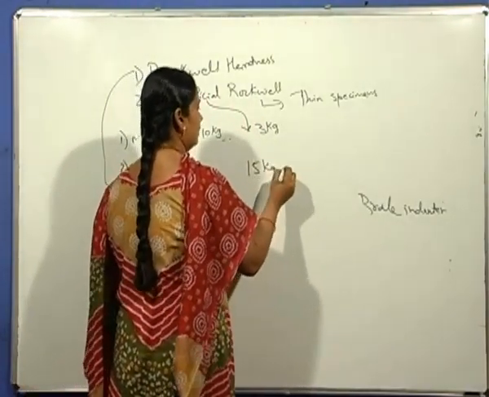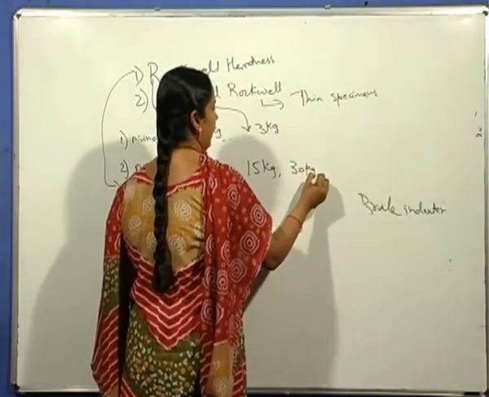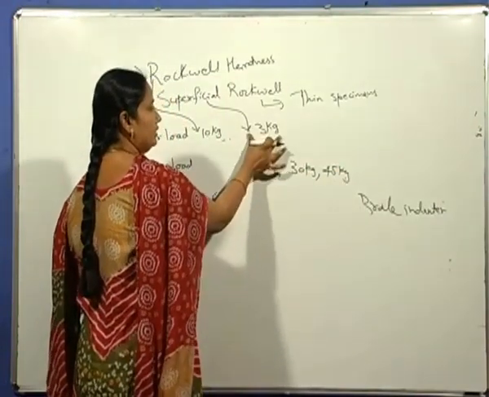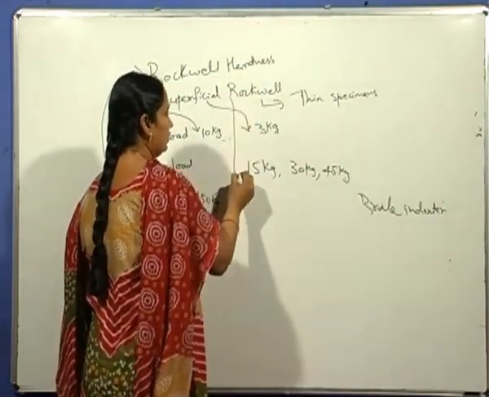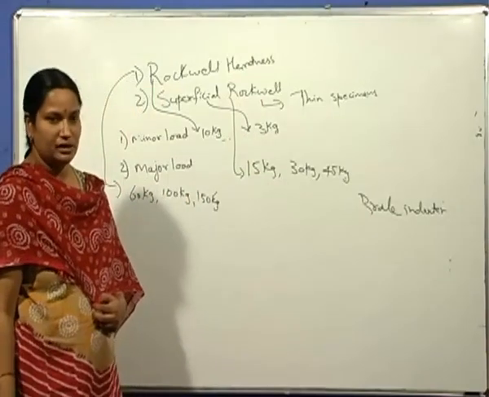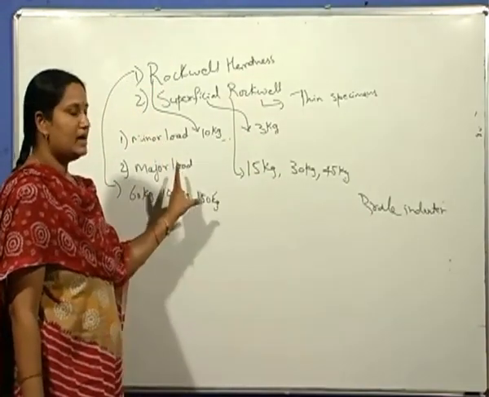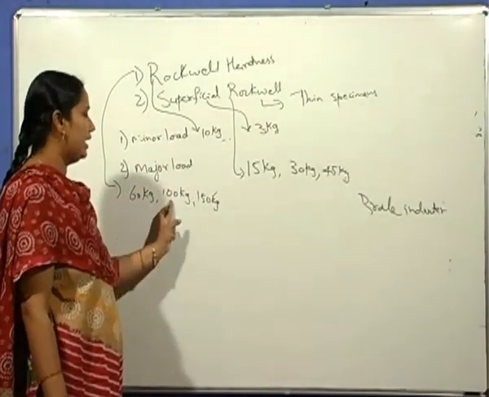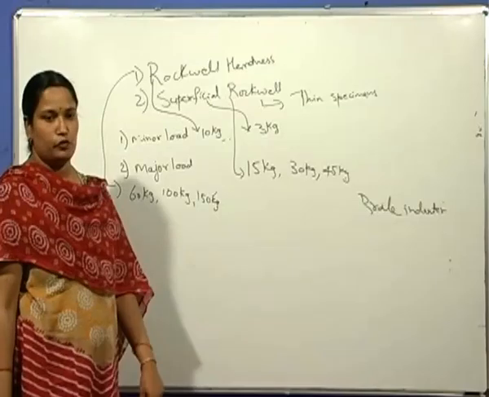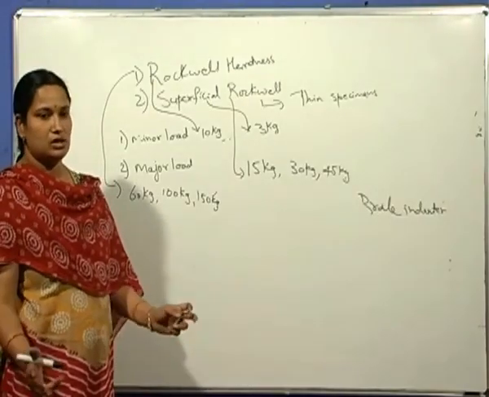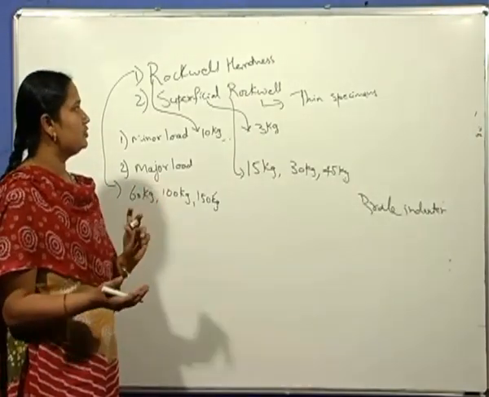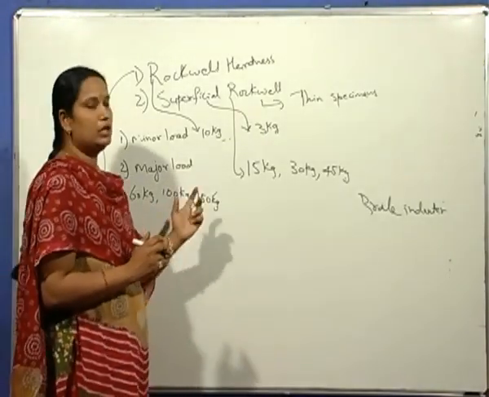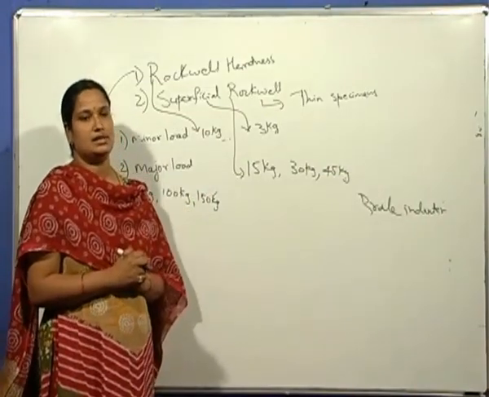So these are the major loads, and 3 kg is the minor load that is used for superficial Rockwell. For Rockwell hardness, the minor load is 10 kg and the major loads are 60 kg, 100 kg and 150 kg force. Rest all is similar between the superficial Rockwell and Rockwell hardness. Only there is a variation in the loads and the indenter sizes that are used.